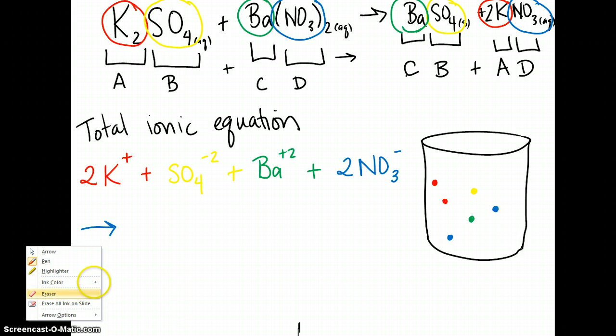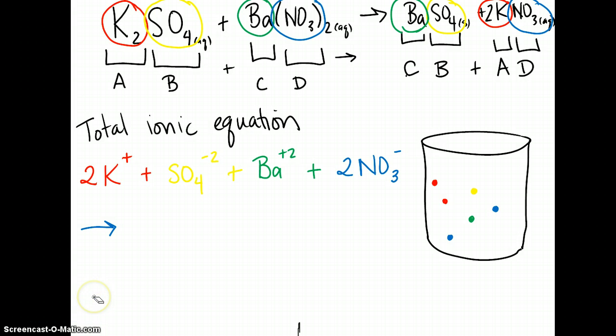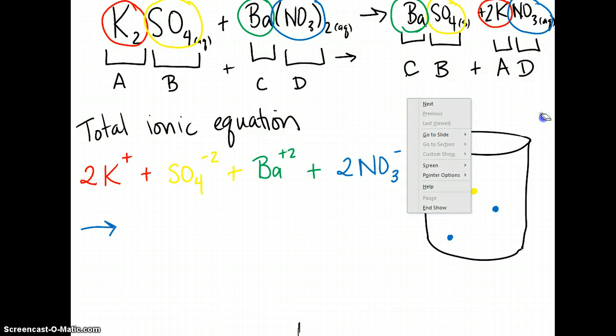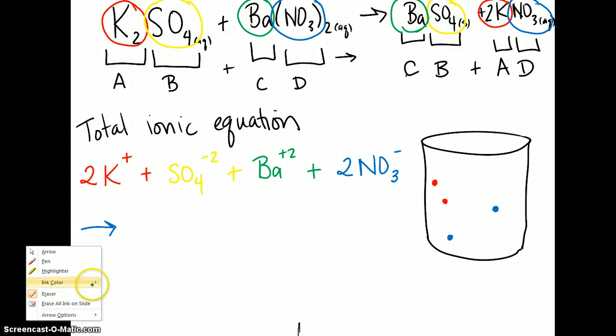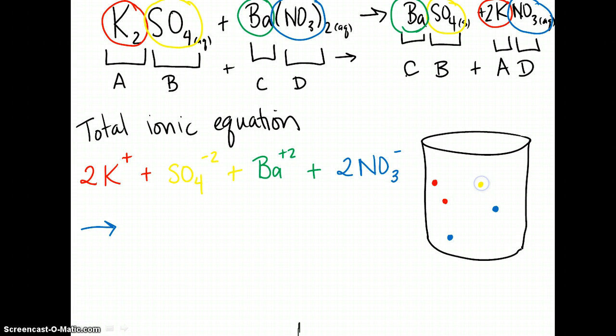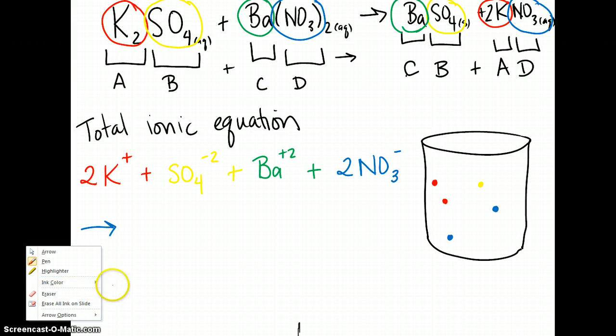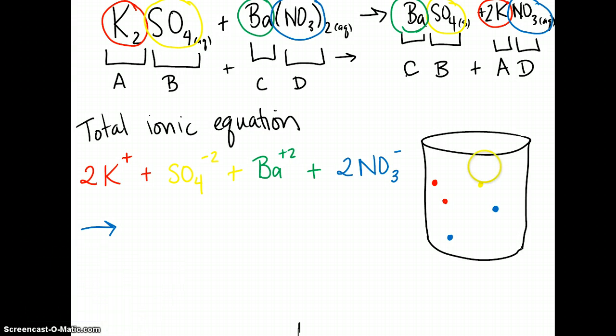I have the luxury of an eraser, that I actually have my barium, which is green, not being by itself anymore, and my sulfate, which is yellow, also not being by itself anymore, but they're actually going to combine. So that would look like a yellow combined with a green to make a solid, okay? So these here are my solids.